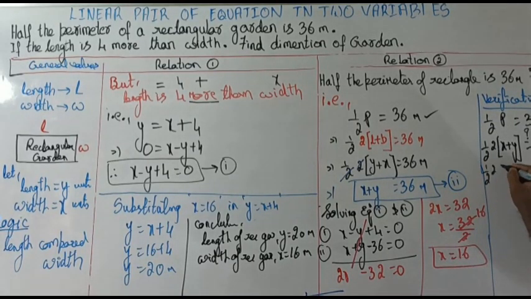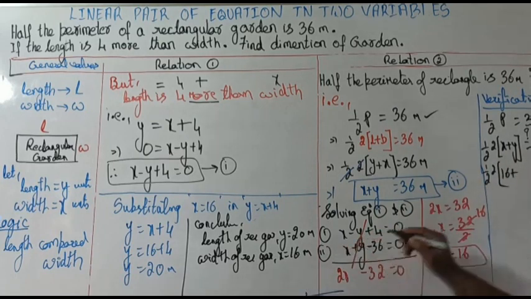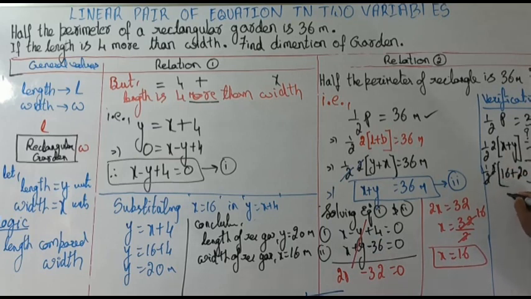Half of 2 into x plus y, x is 16 and y we got as 20, equals 36. If you add it up, 16 plus 20 equals 36. 36 is equal to 36. LHS equals RHS, hence verified. We have verified it also.